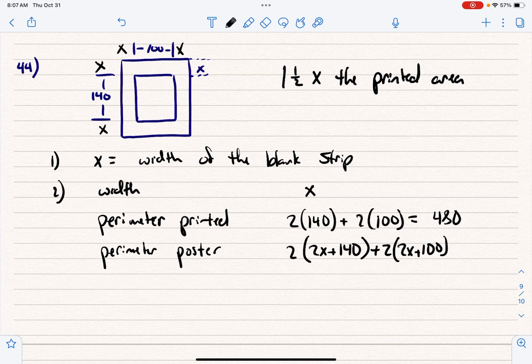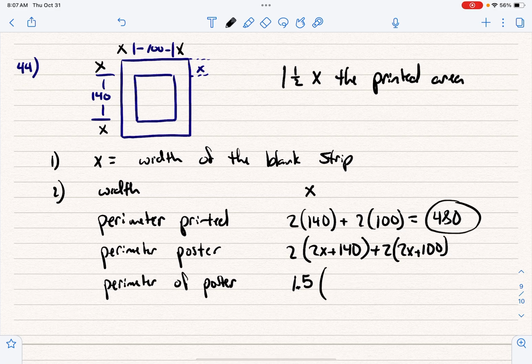And then we know the relationship also is that the perimeter of the poster is 1.5 times the perimeter of the printed area, 480. And so then our model, this is easy.